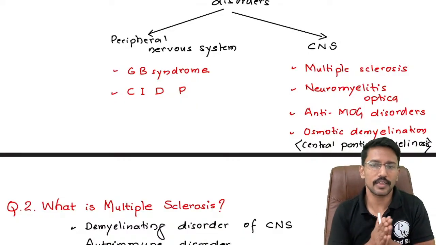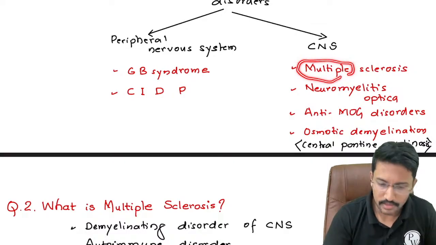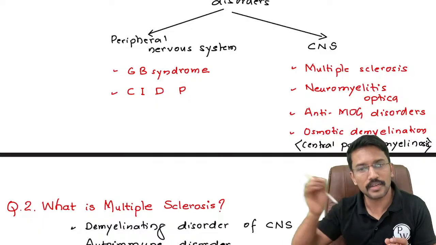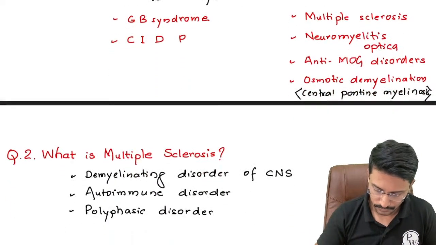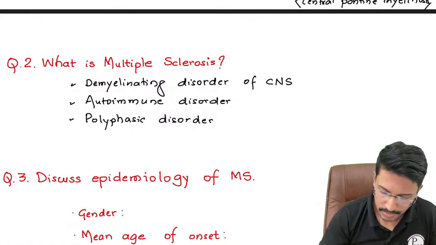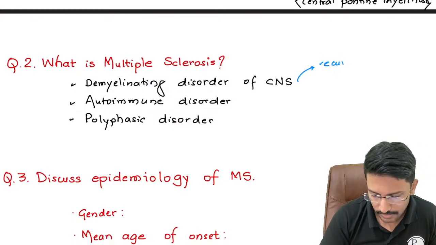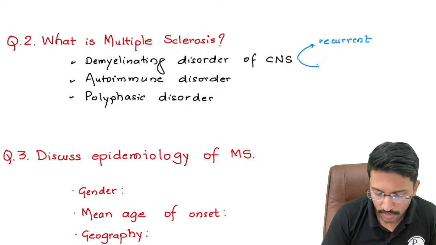Multiple sclerosis is also like that. It keeps recurring again and again. In fact, why is the term multiple used? We are using the term multiple because the episodes of demyelination happen multiple times. It is recurrent, and every time it does not affect the same structure.